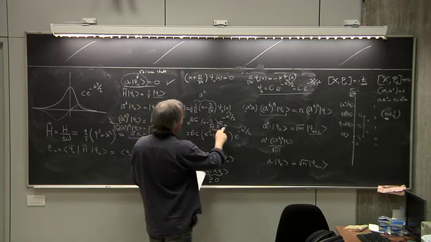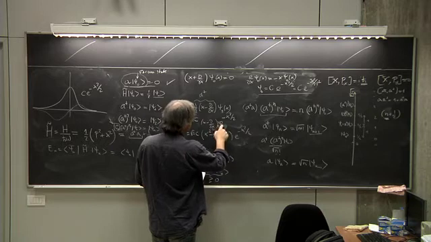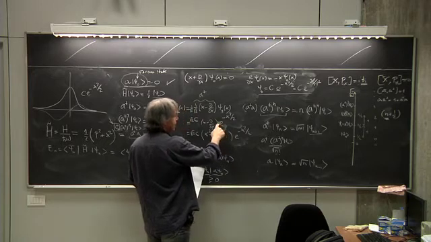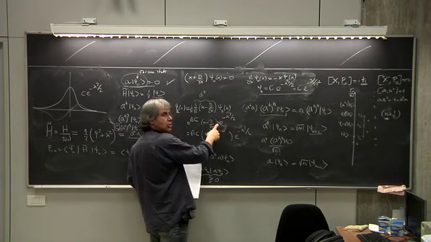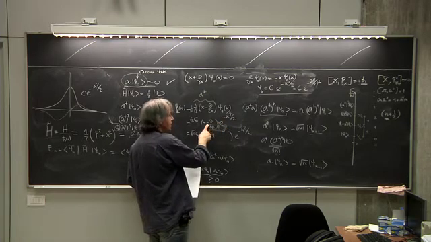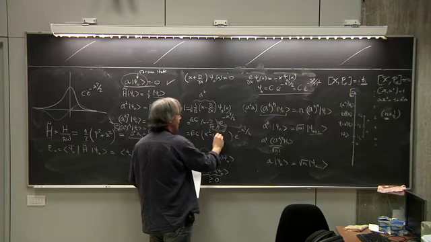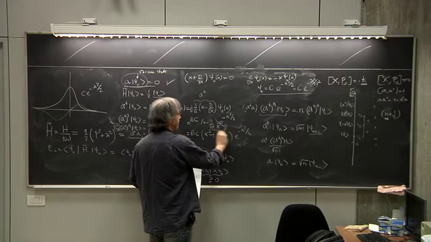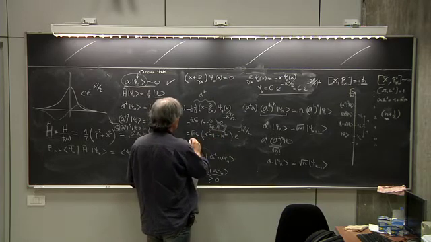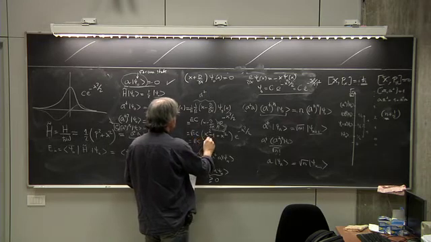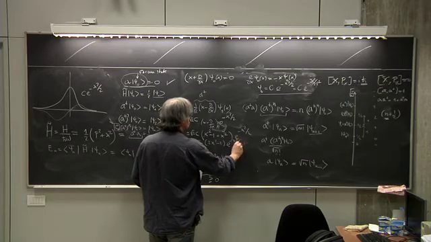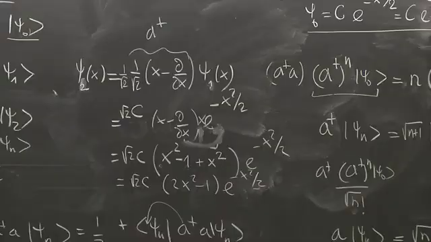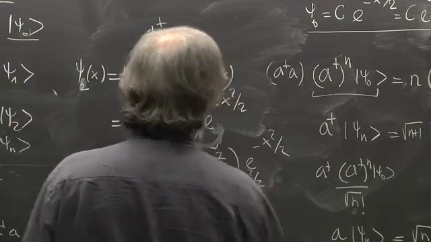If I act on the exponential, I get a minus x coming down, multiplying this x is minus x squared, but there is a minus, so it's a plus x squared. So all in all, I have square root of 2 c2, x squared minus 1, e to the minus x squared over 2. And as you see, now I have a polynomial of degree 2.